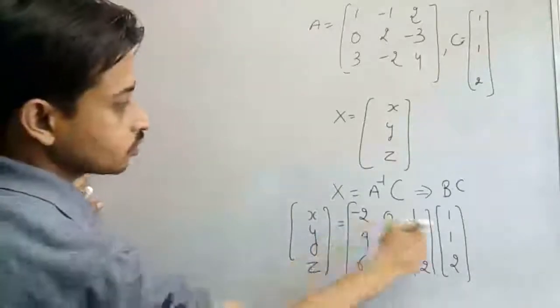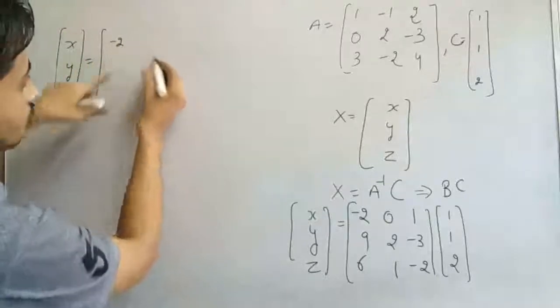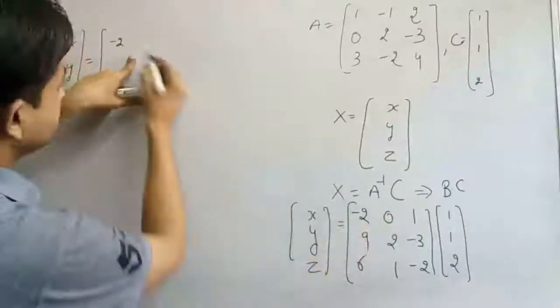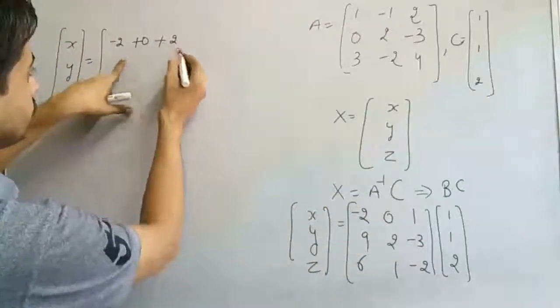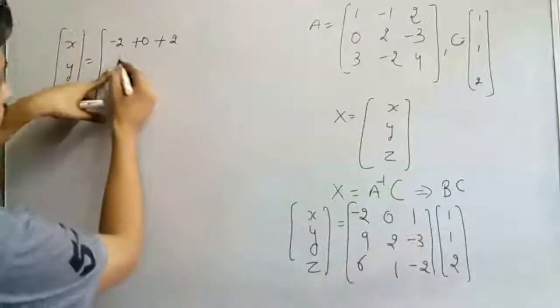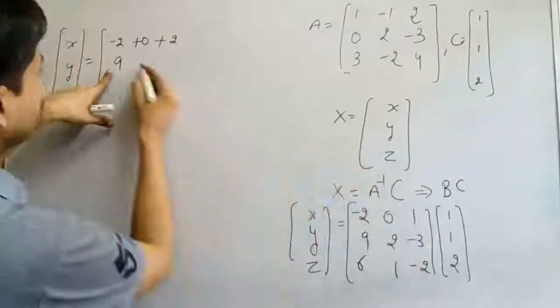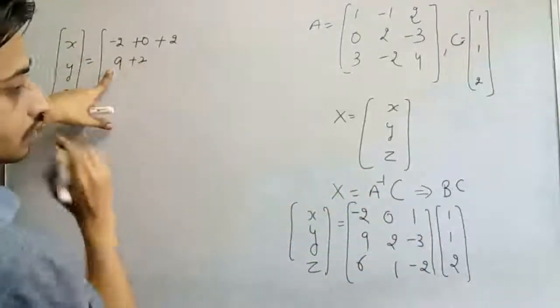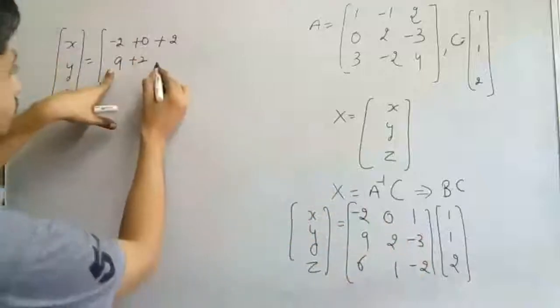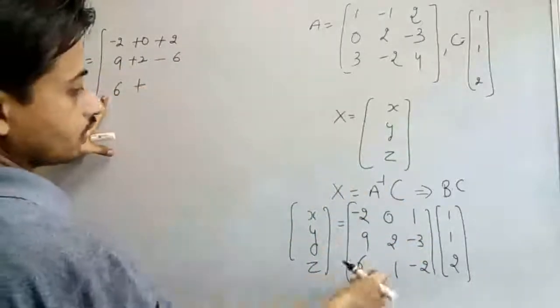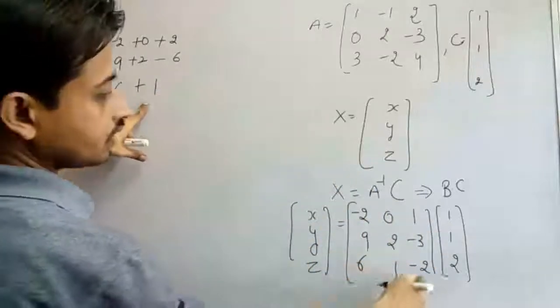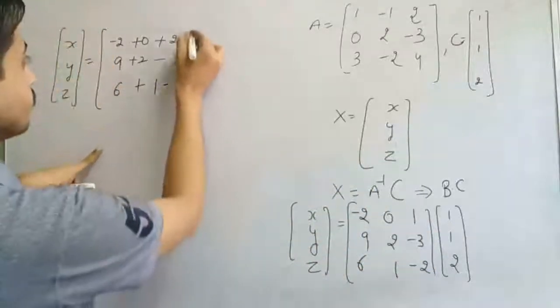Solve this. -2 into 1, -2. 0 into 1, 0. 1 into 2, 2. 9 into 1, 9. 2 into 1, 2. And -3 into 2, -6. 6 into 1, 6. 1 into 1, 1. -2 into 2, -4.